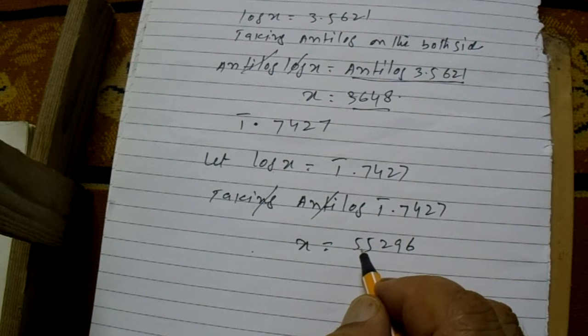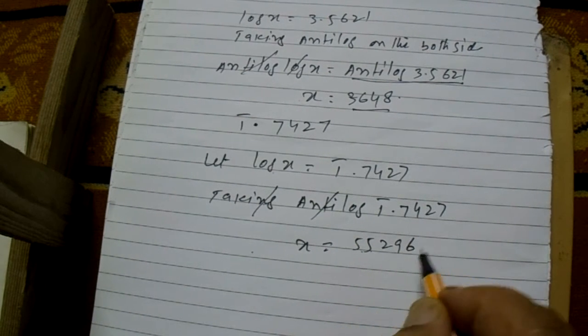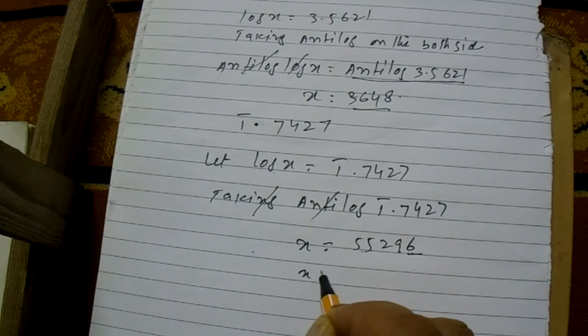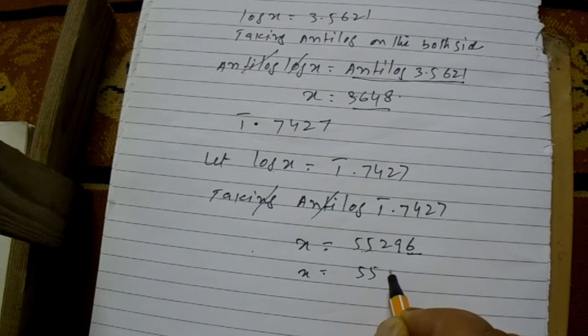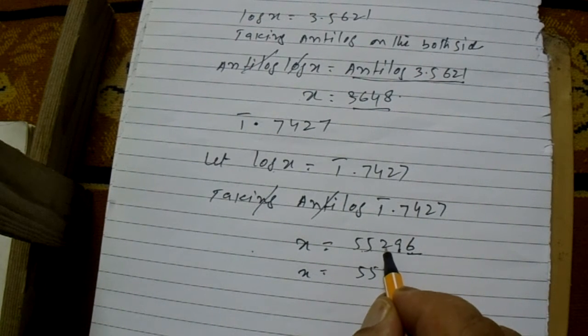Ignoring the decimal point here, 55296. You leave this number, and you will get x is equal to 5530.